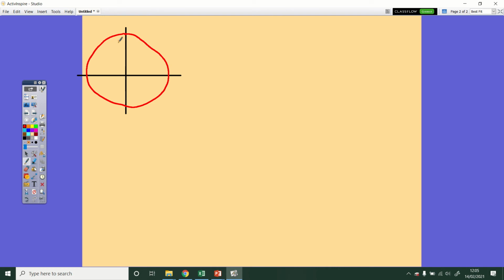Maybe I'll try that again, make it a little bit of a better circle. Okay, it's probably as good as it's going to get today. So this is the unit circle, and it's called that because we're going to give this circle radius 1, which means that it's going to go through 1 on the x-axis here, 1 on the y-axis here, and then -1 here and -1 here.